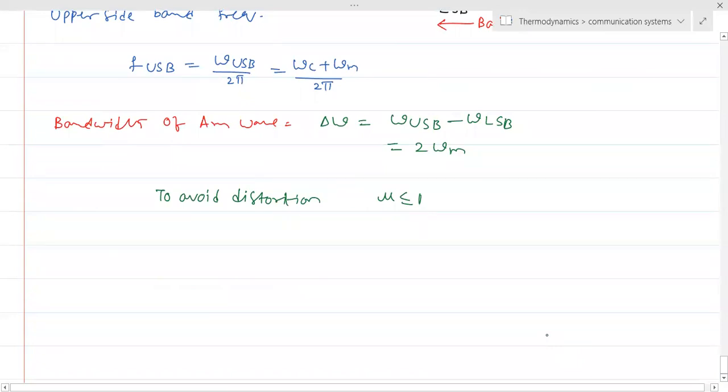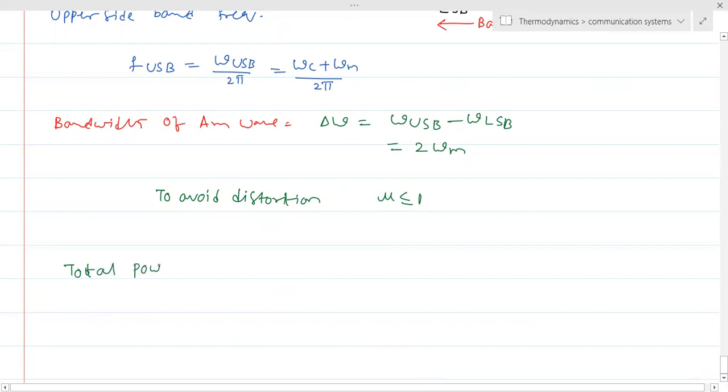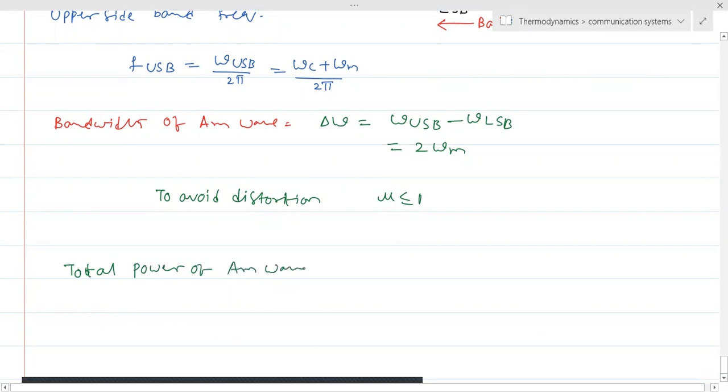So here we are taking total power. We are taking the last few formulas for the communication system. Total power of AM wave, that is output.